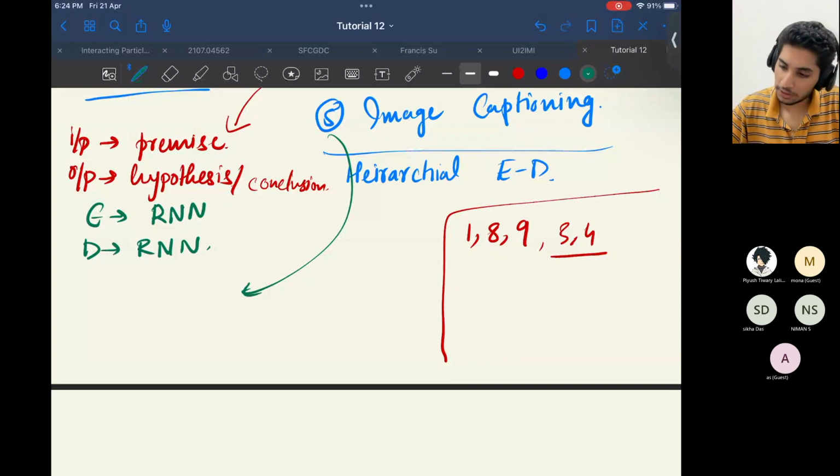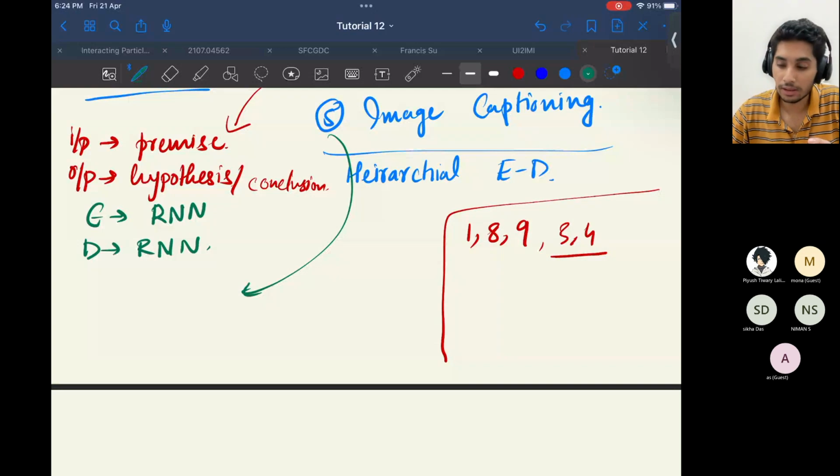Whenever you see that your input is an image, how can you deal with images? The first thing that should click in your mind is that your encoder should be a CNN. Only then can you encode an image and come up with some summary.